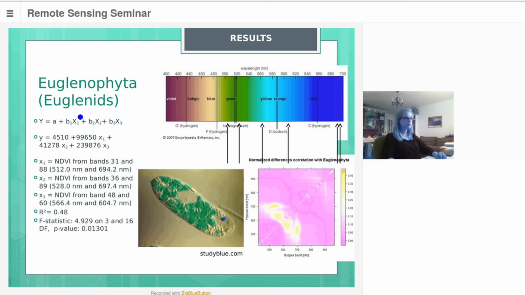Euglenophyta, euglenoids, have these bands correlating, and the numbers were 512, 694, and also 520, 690, 560, and 704. The R squared was smaller, it was 0.48.